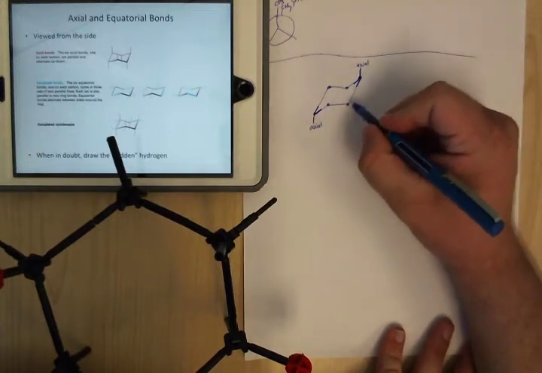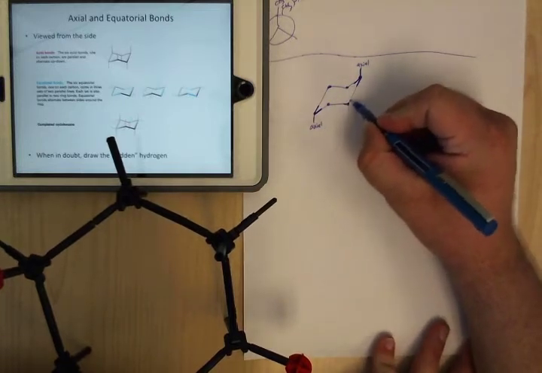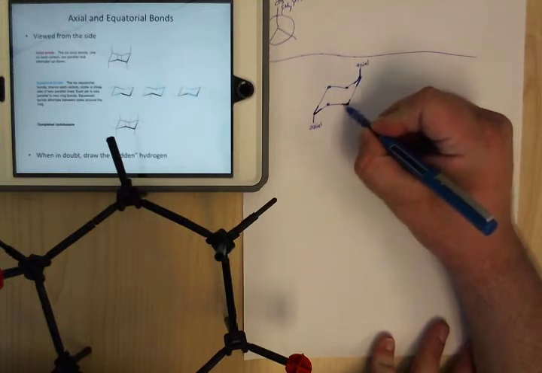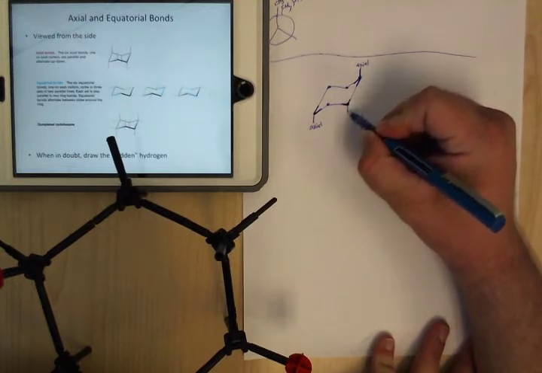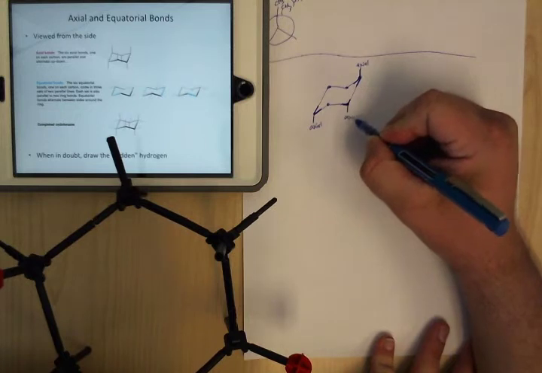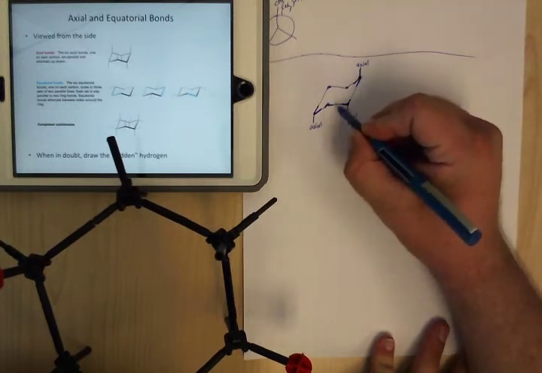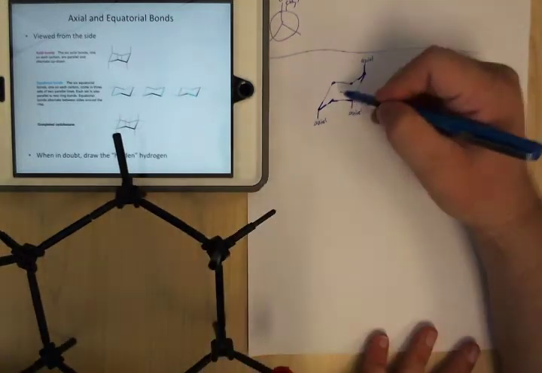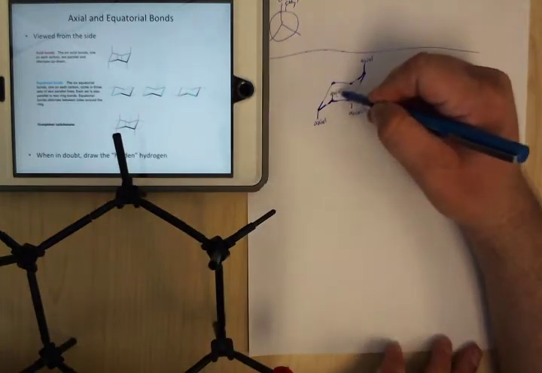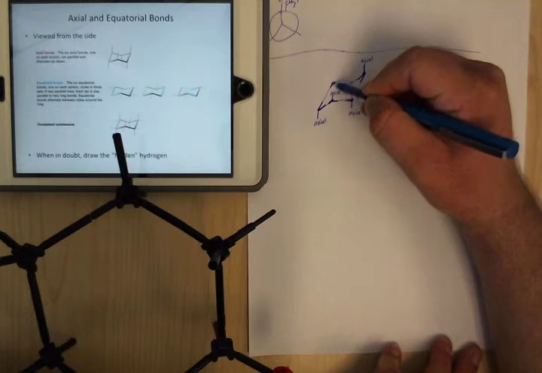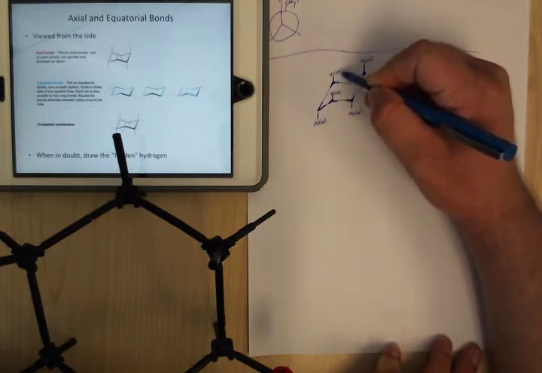Now you're going to have to work with me on these, right? This one here is kind of pointed down, the bonds are kind of pointed down. So again, that means the axial's down. This one here, notice how these are kind of up. It sort of points up like that, so the axial is up. Same thing here: these are pointed slightly up, so the axial is up.